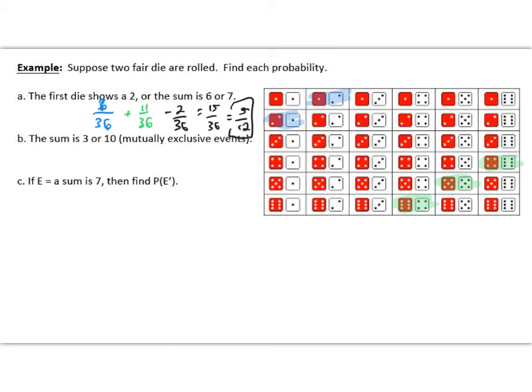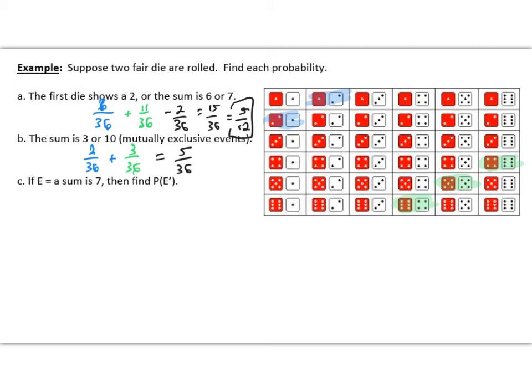So the probability that you roll a 3 is 2 out of 36. The probability that you roll a 10 is 3 out of 36, and that's a grand total of 5 out of 36. Now, because I didn't double shade anything, I don't have to subtract anything. I didn't double count by accident.